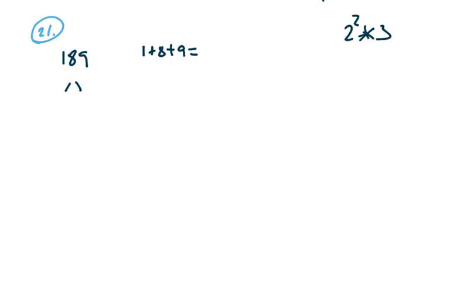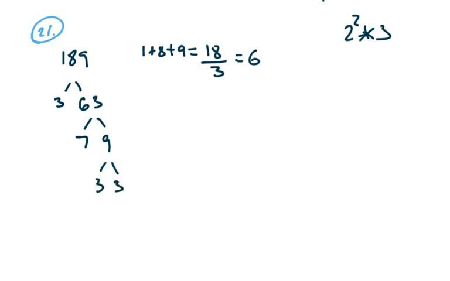If I do 1 plus 8 plus 9, I get 18, and 18 is divisible by 3. 18 divided by 3 is 6, so I know I can divide by 3. 189 divided by 3 is 63, because 18 divided by 3 is 6, and 9 divided by 3 is 3. 63 breaks down to 7 and 9. If you know your multiplication tables, you know that. And then 9 breaks down to 3 and 3. So this becomes 3 to the 3rd times 7.